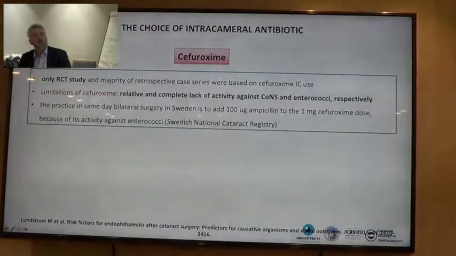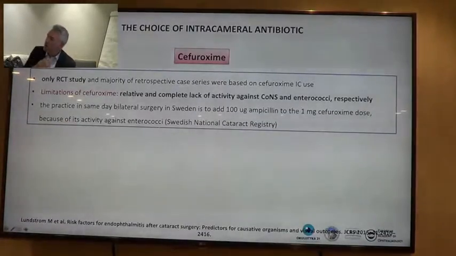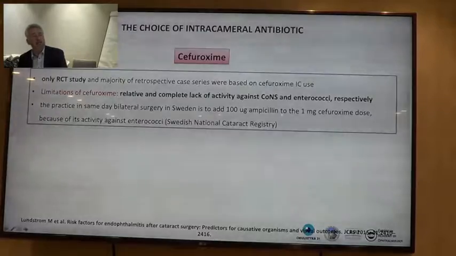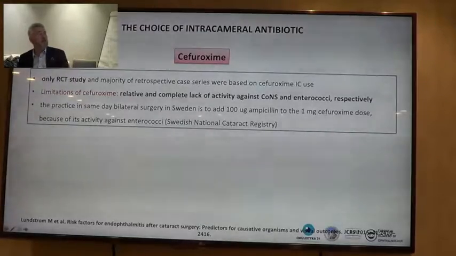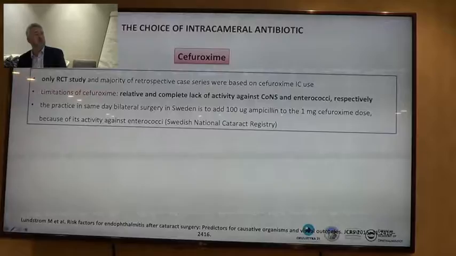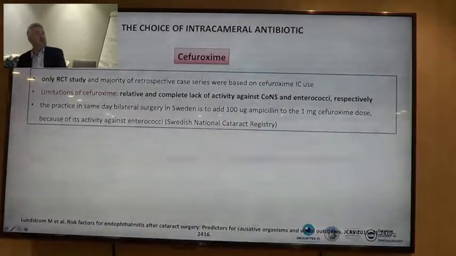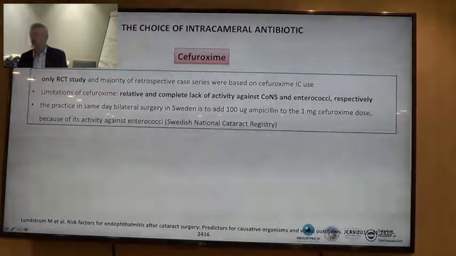And they noticed in recent years an increase of enterococci endophthalmitis because of the use of cefuroxime. So what they started doing because of that is adding ampicillin. And this is the practice in same day bilateral surgery now in Sweden, to add ampicillin to the cefuroxime because of its activity against enterococci. So this is the problem now in Europe.